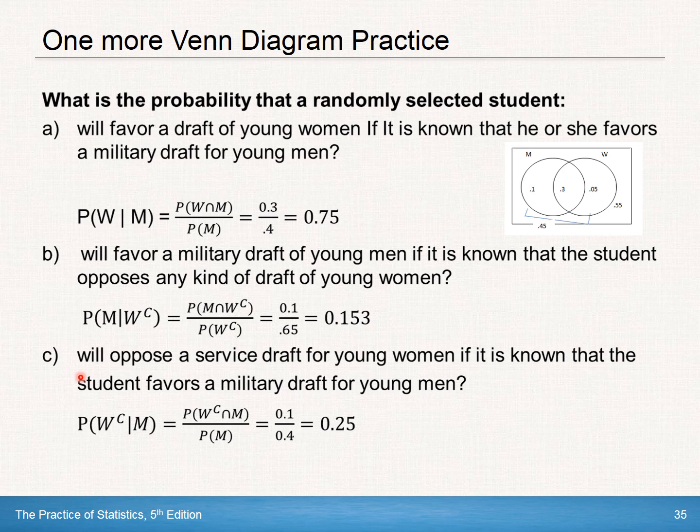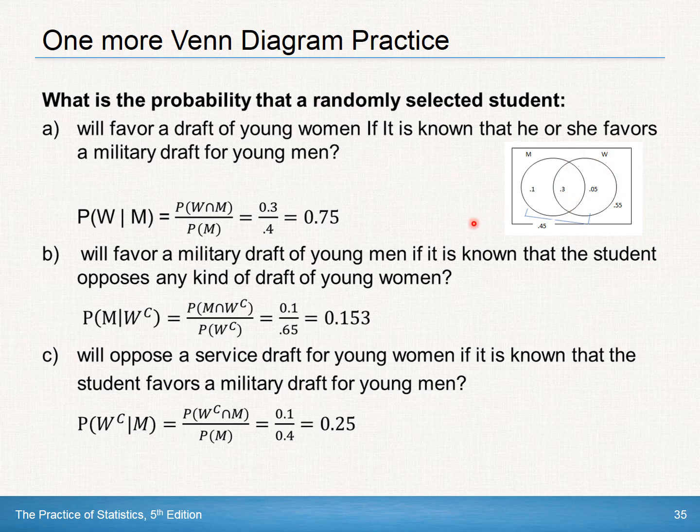All right, last question. Letter C says, what's the probability you'll oppose a service draft for young men if it's known that the student favors a military draft for young men? Sorry, oppose a service draft for women if you know you favor a military draft for young men. So let's take a look at this. We know that they favored a military draft for young men, so that's our given. What's the probability that they'll oppose a service draft for women?